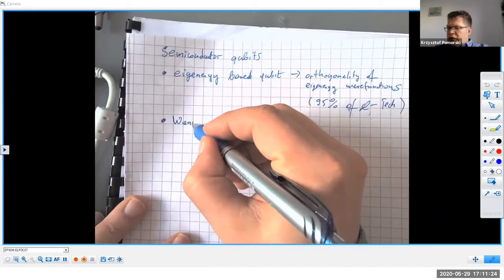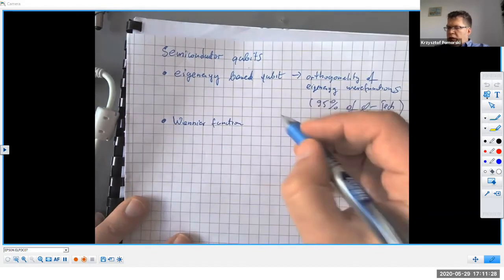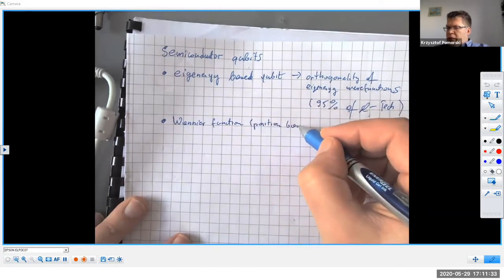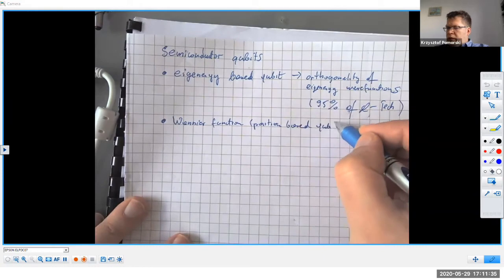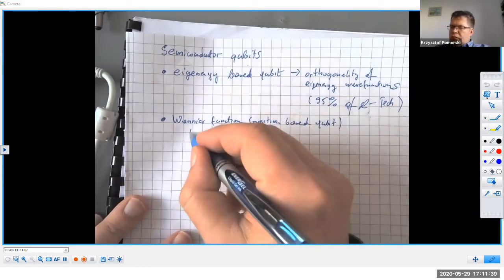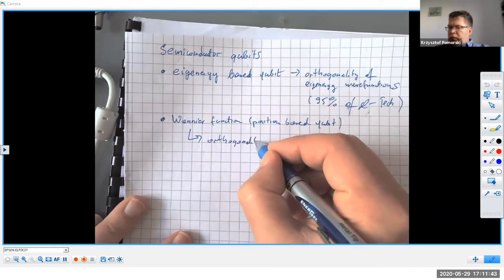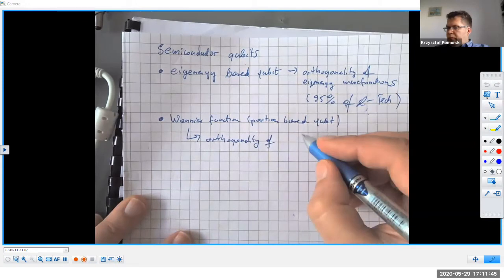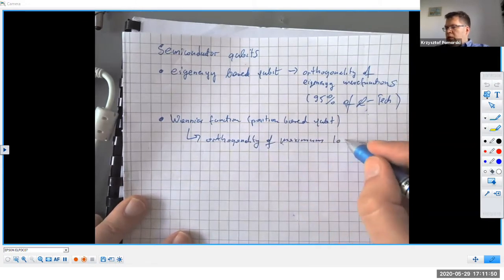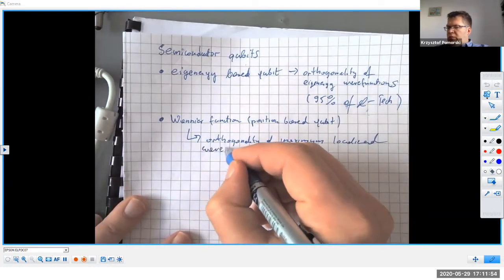The second idea is the use of the Wannier function, or in other words, the position-based qubit. This uses the orthogonality of maximally localized wave functions.